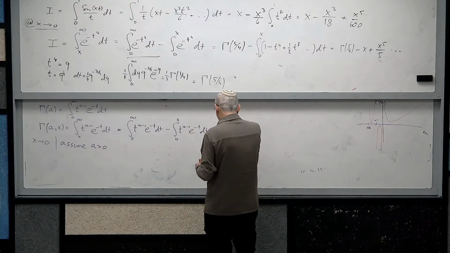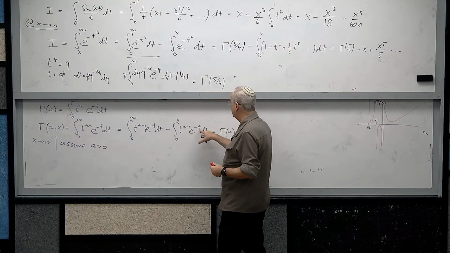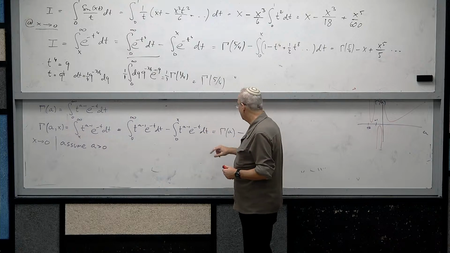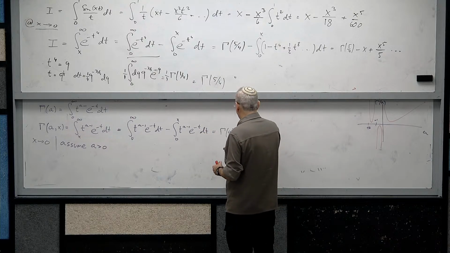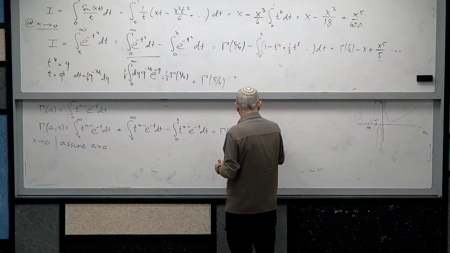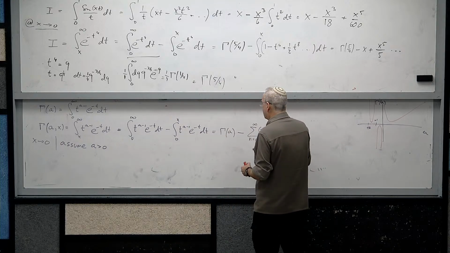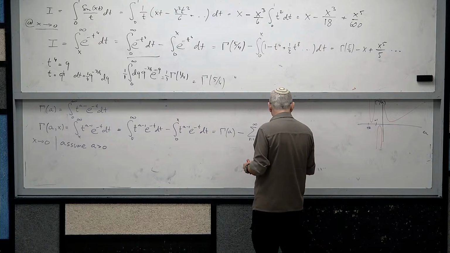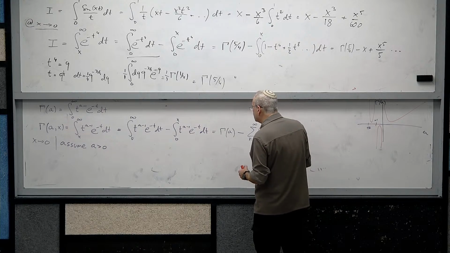So I have gamma of a minus, and now because x is small, I can expand the e to the minus t in Taylor series. So I can write this as the sum from n equals 0 to infinity of minus 1 to the power of n divided by n factorial, and then I have t to the power of a plus n minus 1, integral from 0 to x.